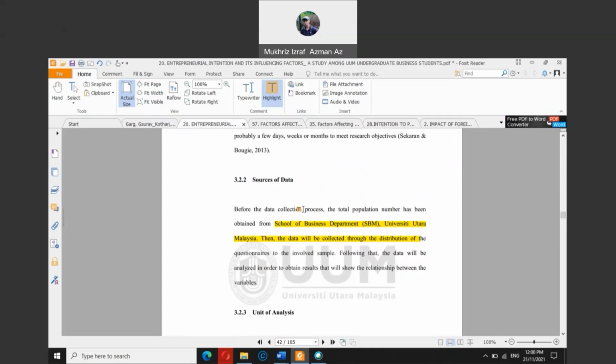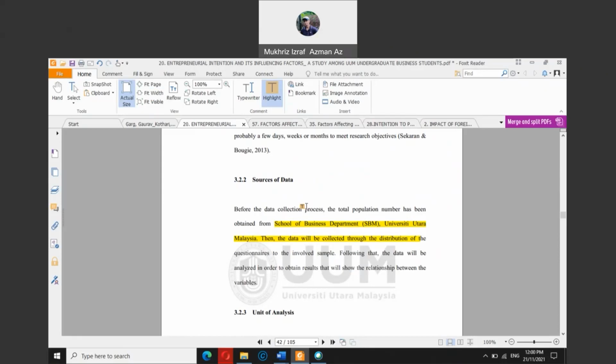So the whole of UUM will be your population. Then you need to determine how you are going to obtain the actual number of population from UUM. So you can contact the HEA, the Department of Academic, or you can even contact our school, because you just need that particular number, the actual number, as per maybe last semester, the most recent semester.